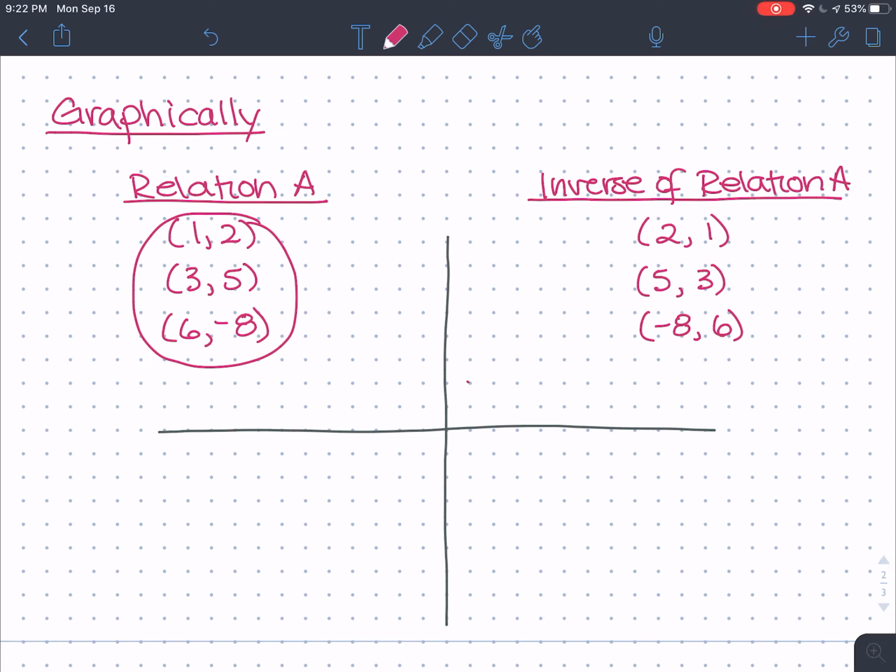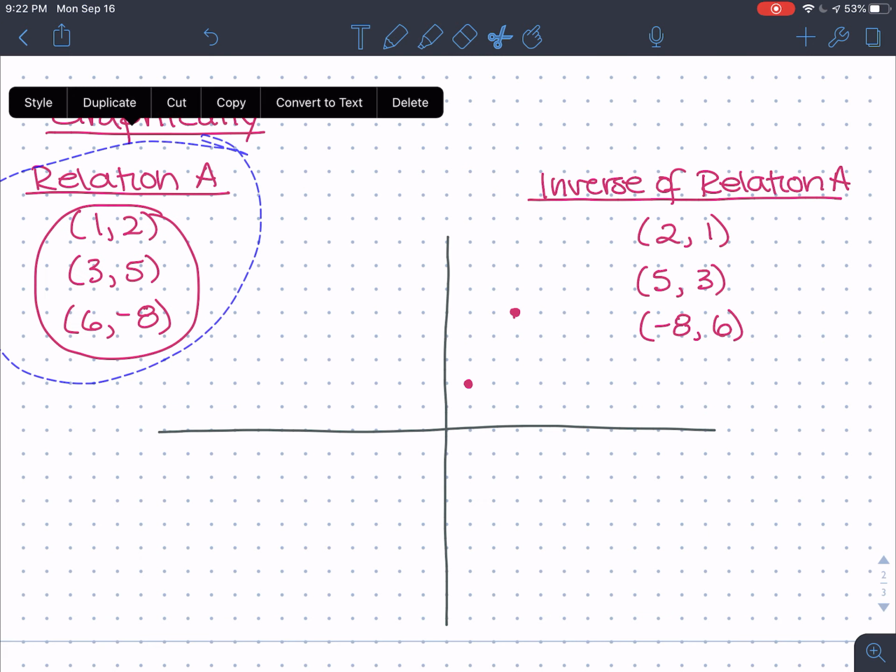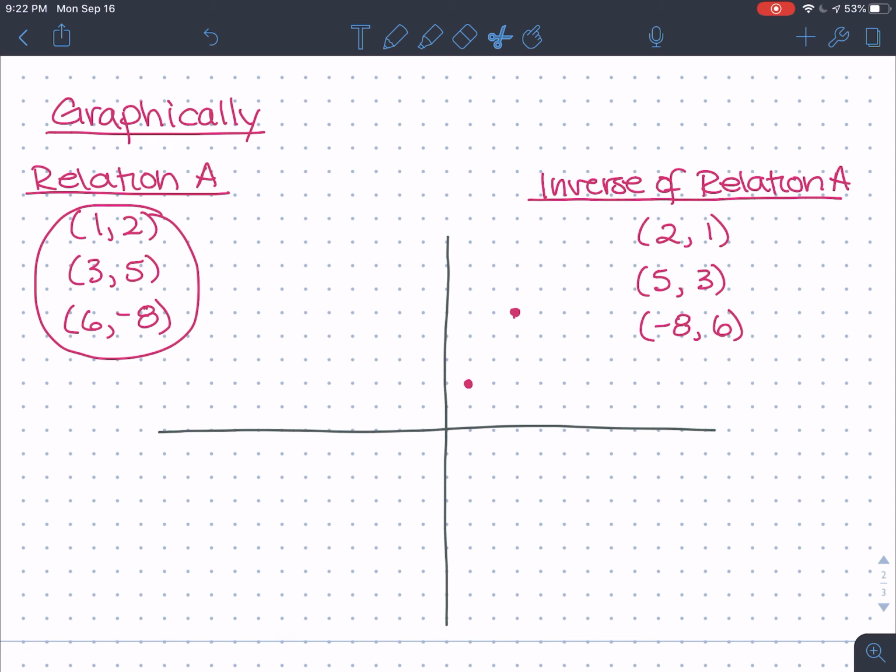So we got the point 1, 2, the point 3, 5, and then the point 6, -8. Might move this over just a little bit here.